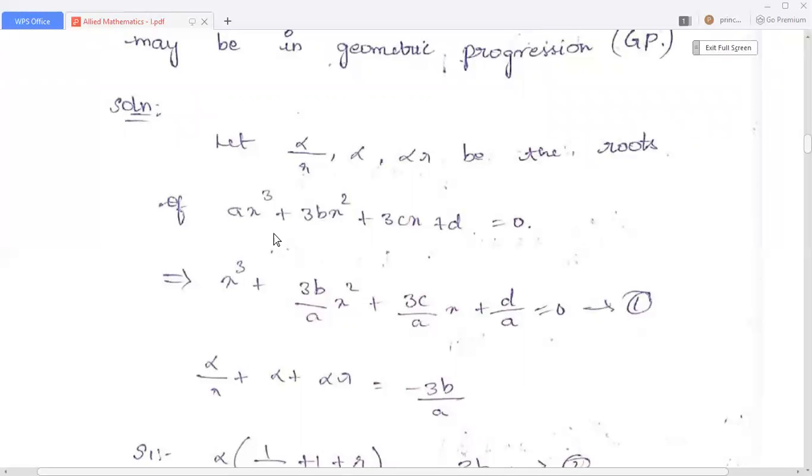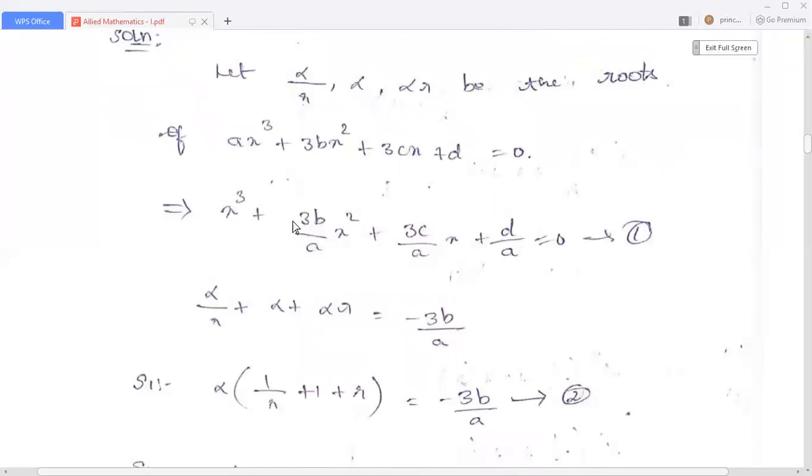This implies x cube plus 3b by a x square plus 3c by a x plus d by a equal to 0. So this can be taken as equation number 1.